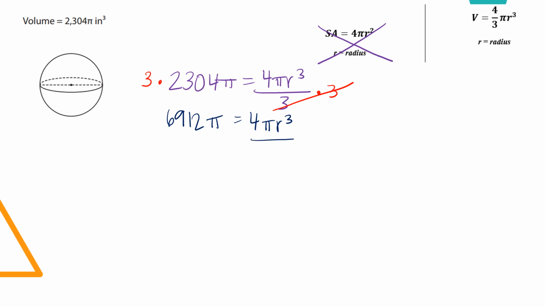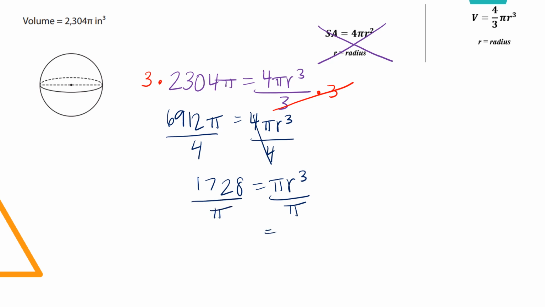Now, we want to keep getting that down to r cubed if possible. So divide by 4. That gives me 1,728 equals pi r to the third. Divide by pi or divide by 3.14, whatever you want to do. And I got r cubed is approximately 550, and if it's rounded, it's 550.0.